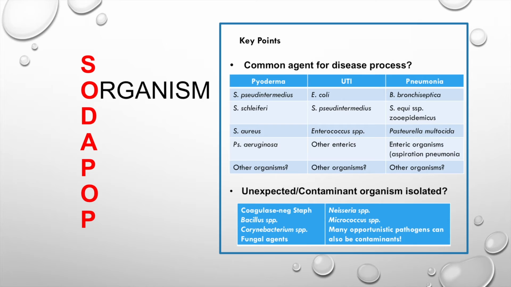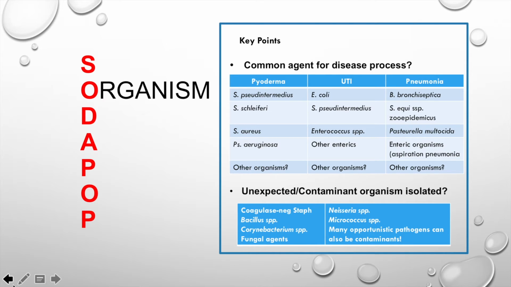On your culture and sensitivity report, it is not uncommon to have an unexpected or contaminant organism isolated. Common contaminant organisms include coagulase-negative Staphylococci, Neisseria species, Bacillus species, Micrococcus species, Corynebacterium species, and fungal organisms.